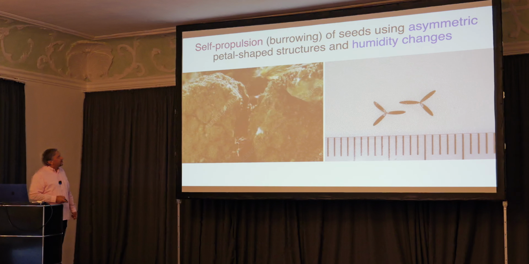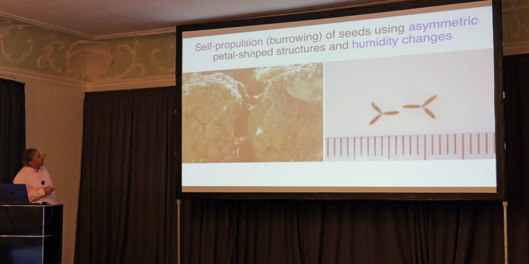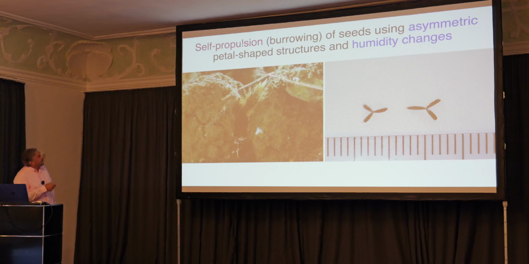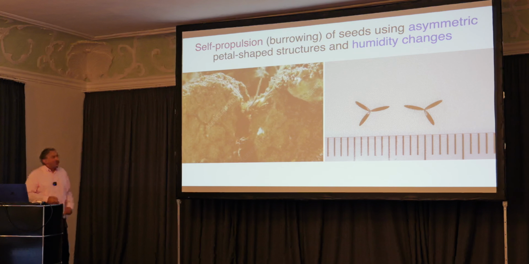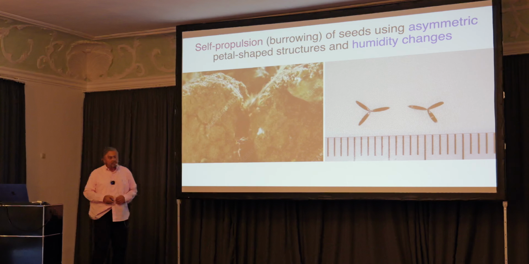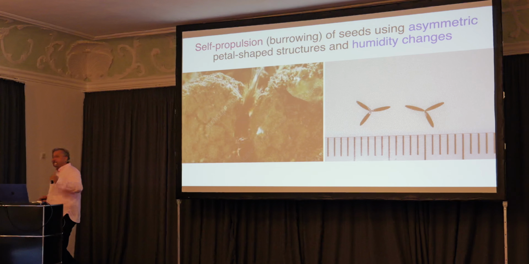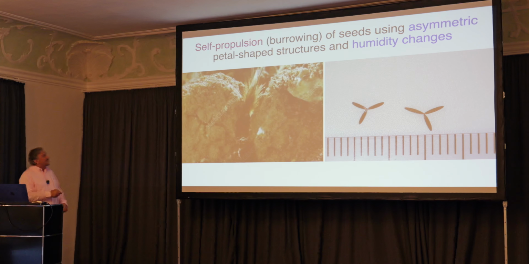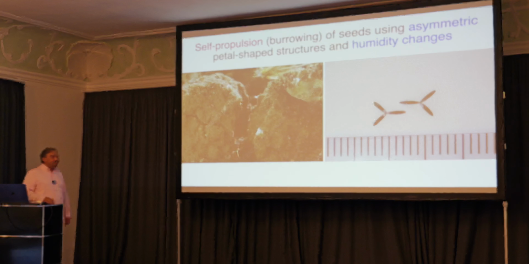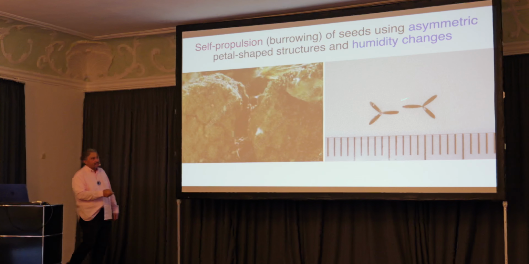And more interestingly, we can create asymmetric structures inspired by plant seeds, to create self-burrowing systems driven by humidity changes. This is how a seed can penetrate the ground: at night and daytime, the humidity is highly different, so it can dig inside with asymmetric, petal-shaped structures, and we can replicate it synthetically.